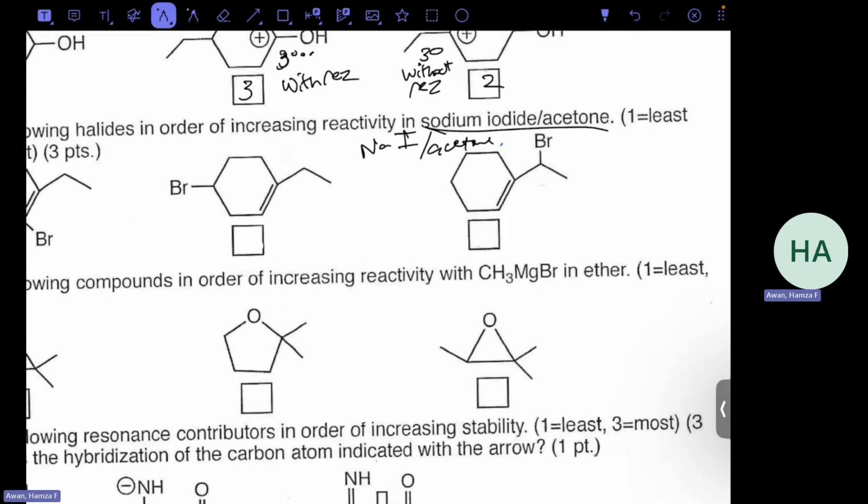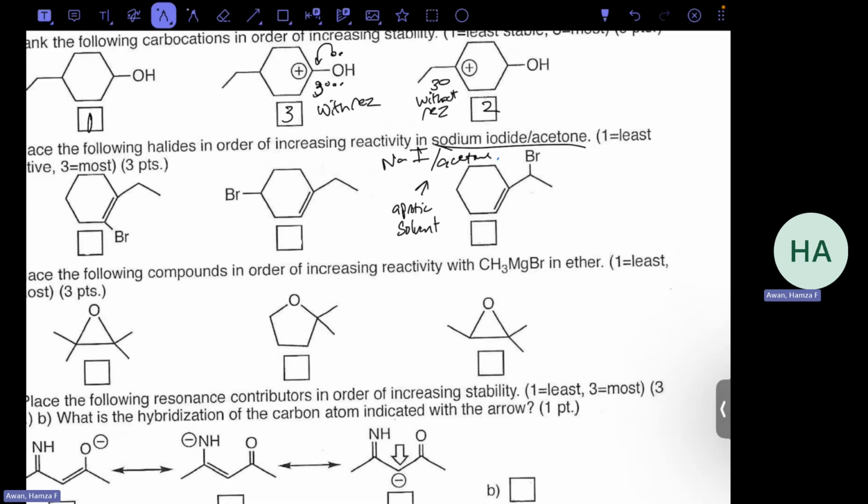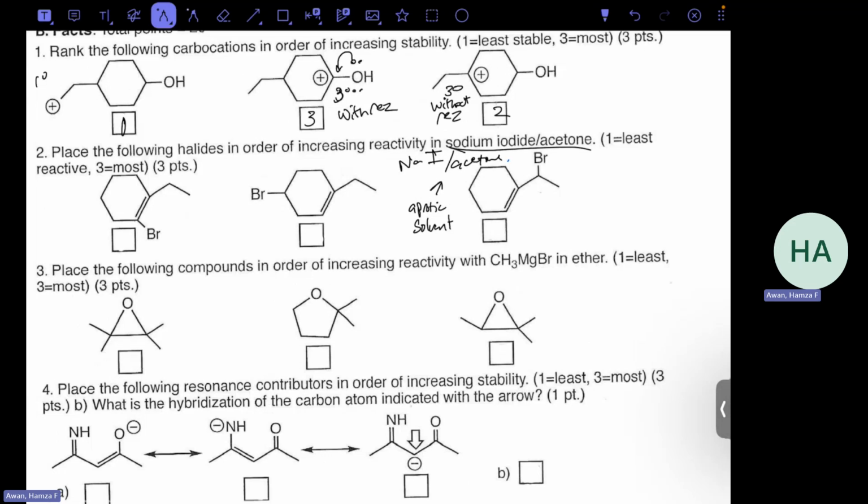Whenever we look at this, it should bring you back to OChem 1 exam 2. This would be our SN2 reaction because this is an aprotic solvent. So it's asking us which one of these would be the best in an aprotic solvent in an SN2 reaction.